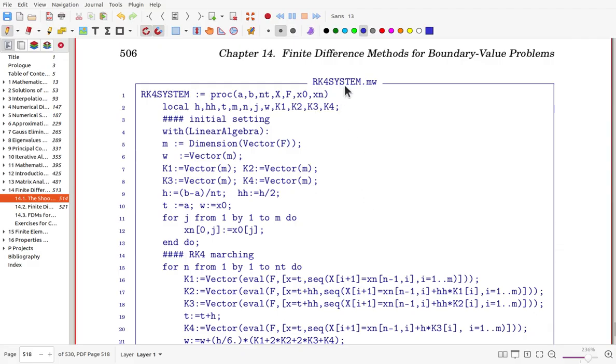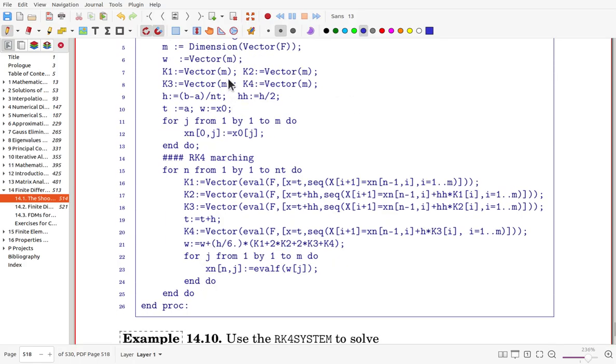For the RK4 system, I implemented this in Maple, along with some initial setup. Look over there. For F, we evaluate first, and then at the midpoint, where HH is half H, it is evaluated by using K2 again.